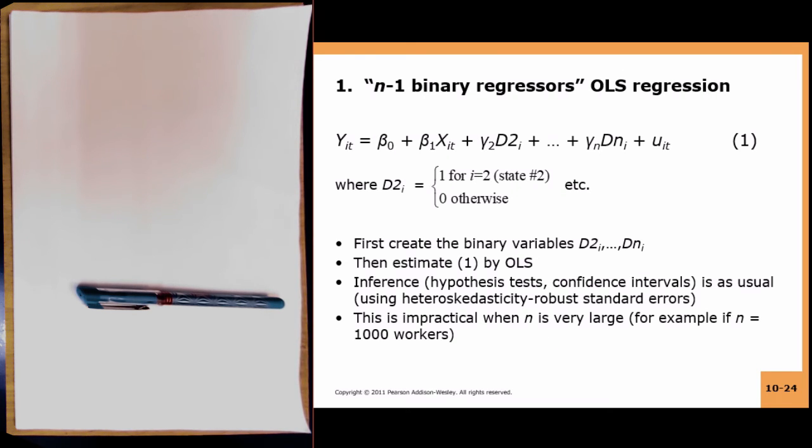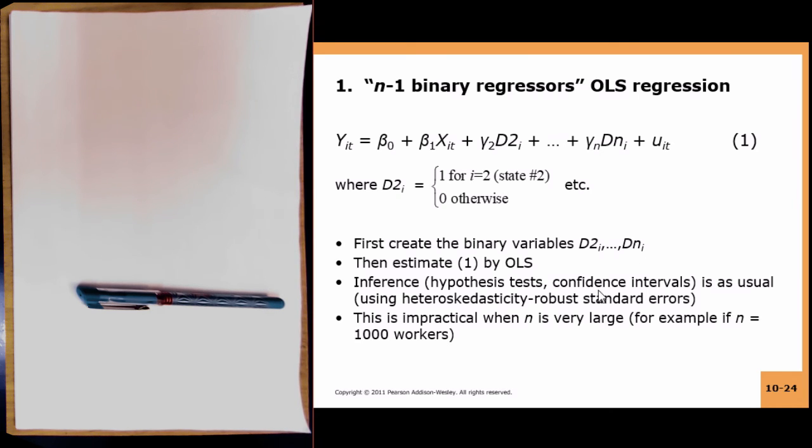For the n-1 binary regressors OLS regression, you specify your model like this: Y_it is beta 0 plus beta 1 X_it plus gamma 2 D2_i up to gamma n Dn_i plus u_it. You create the dummy variables, then estimate this equation including all of them.